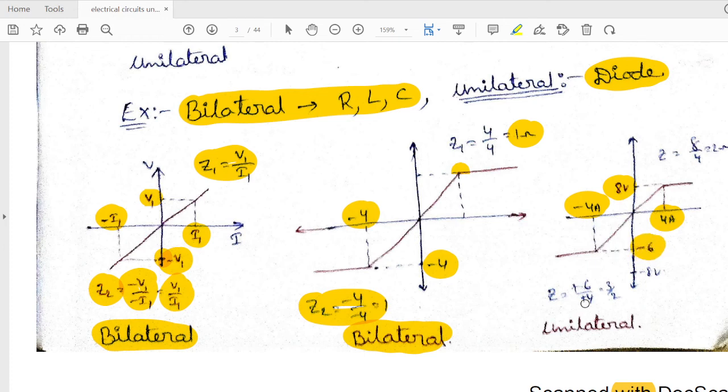So minus 6 by minus 4 gives me 3 by 2, which is not equal to 2 ohms. So here, after changing the direction of current and voltage polarity, I am not getting the same impedance. That's why this is called unilateral. Okay, let us go further.